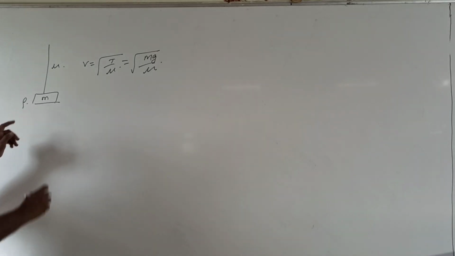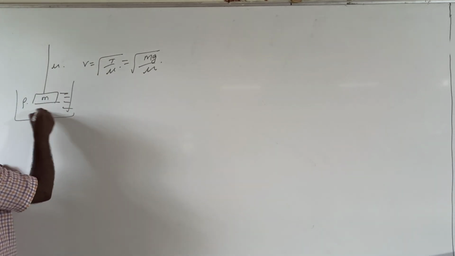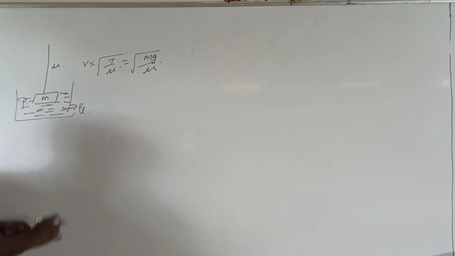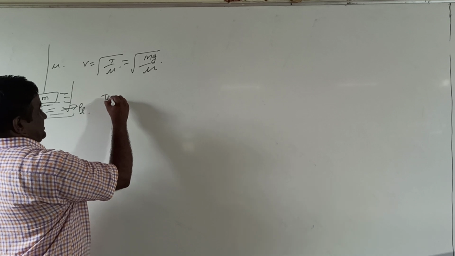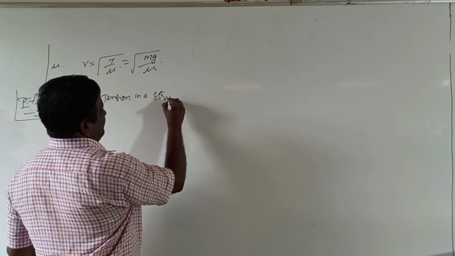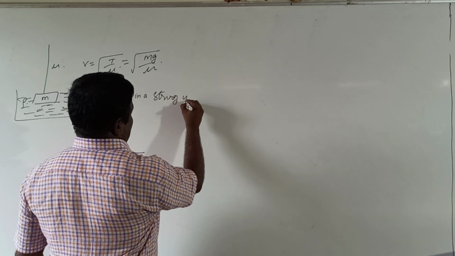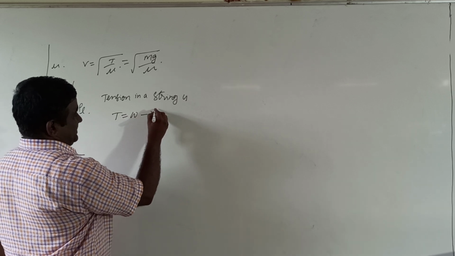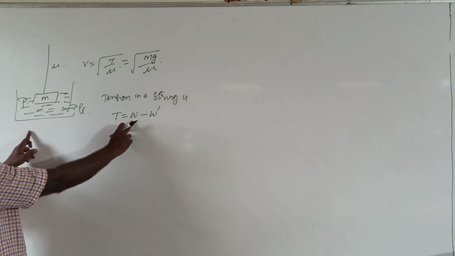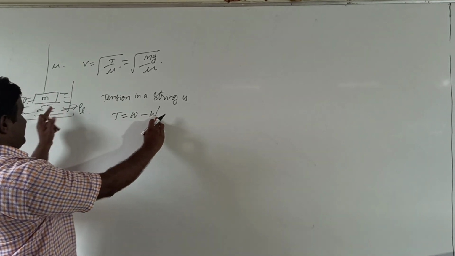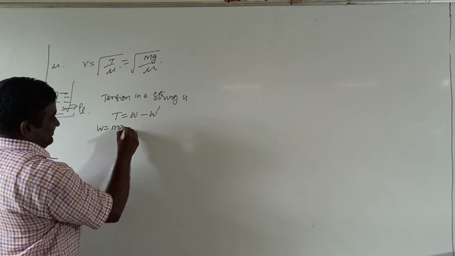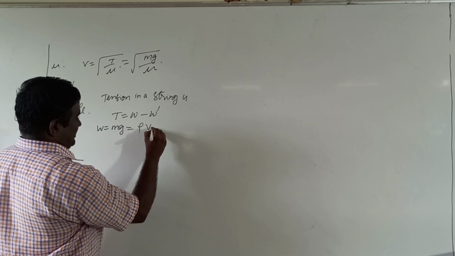If this mass is placed in a liquid of density rho L, then the tension in the string is T equal to W minus W prime. W is the weight of the object in air, W prime is the weight of the object in liquid. Then W equal to mg equal to rho into volume into g.